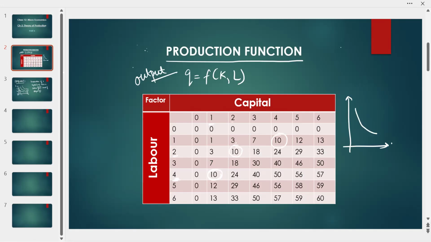So basically, what does it mean? We can plot that and get an isoquant: 1 unit of labor and 4 units of capital can produce this level of output of 10.